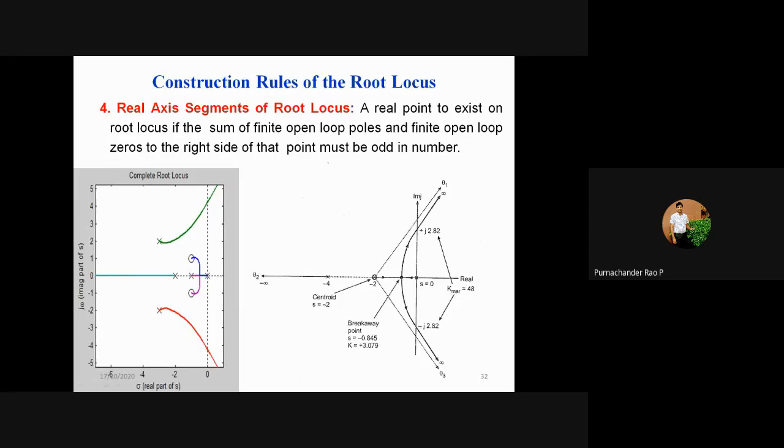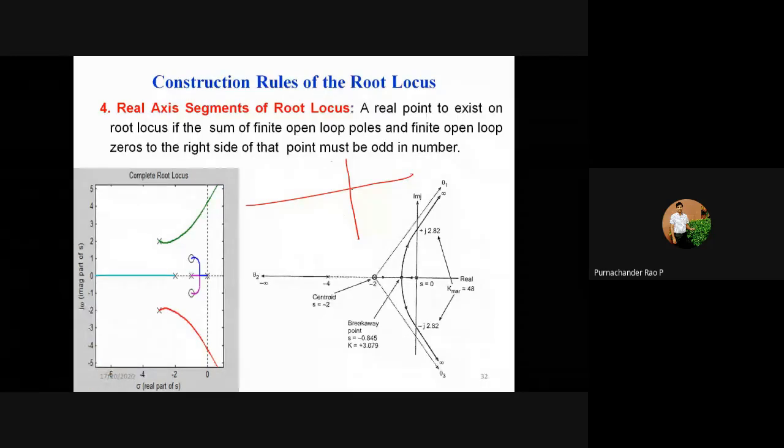Let us assume there are three poles located on the s-plane, and we see whether this is a part of the root locus or not.